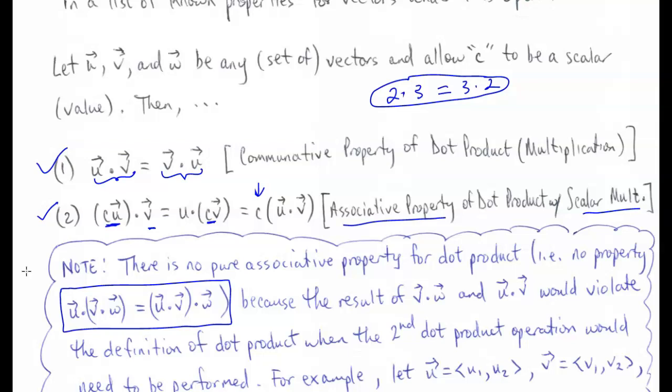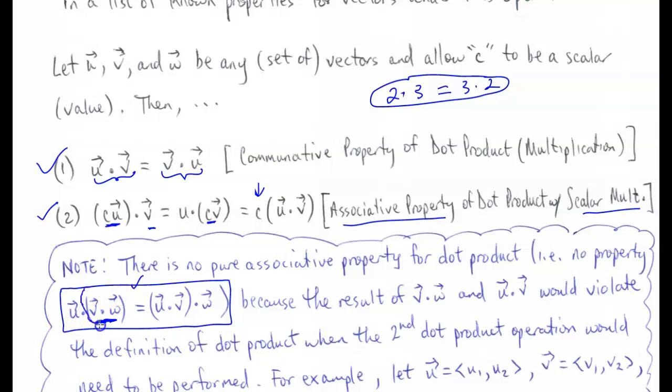In other words, the dot product won't follow the associative property under multiplication the same way that it does for real numbers. The reason why is because if we try to do this operation here, basically taking these two vectors and dotting them together and then dotting it with another vector, we're going to have a problem.